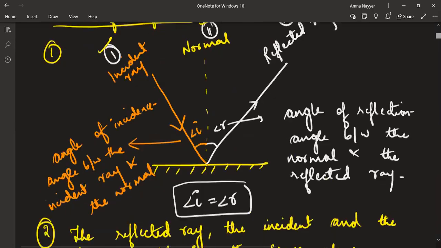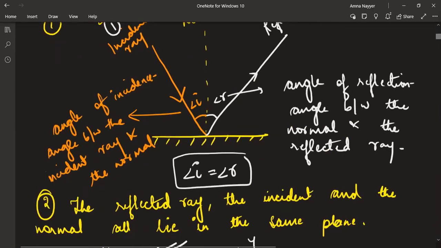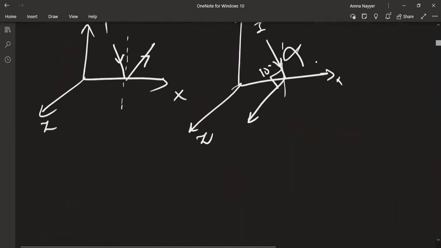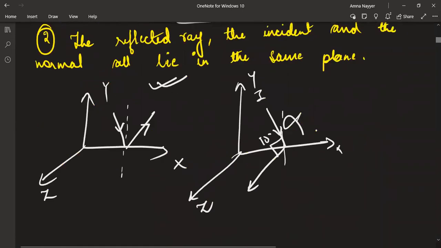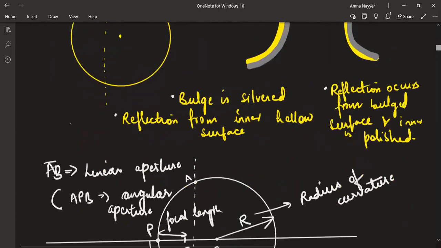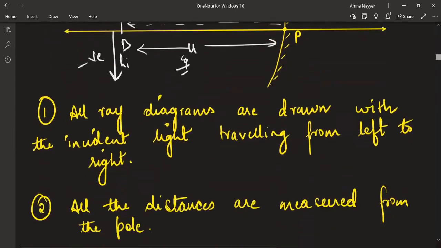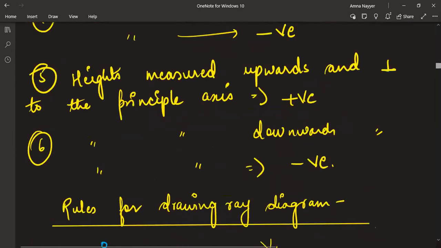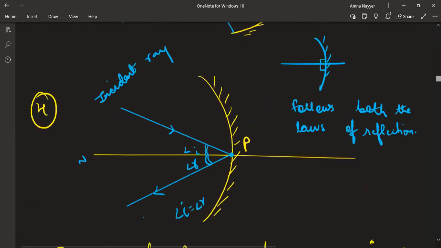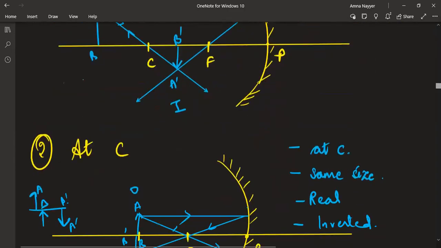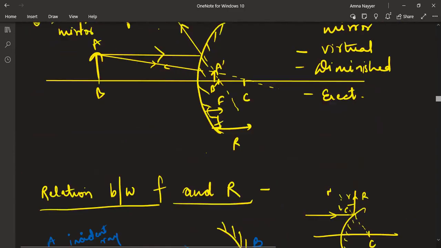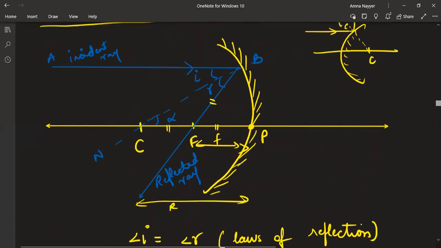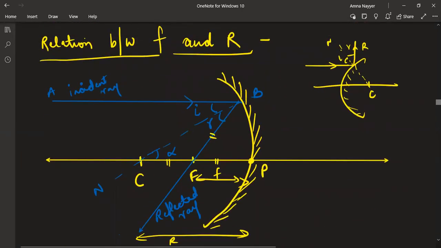Fine. See, laws of reflection: angle of incidence is equal to angle of reflection. And second is that all the three, incident ray, reflected ray, and the normal, lie in the same plane. Then mirrors we have seen, sign convention of the mirrors, ray diagrams. We had seen all the ray diagrams. This derivation is very important, class, relation between focus and the radius of curvature.